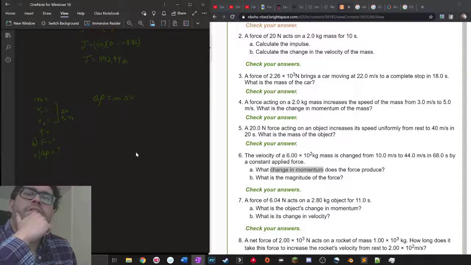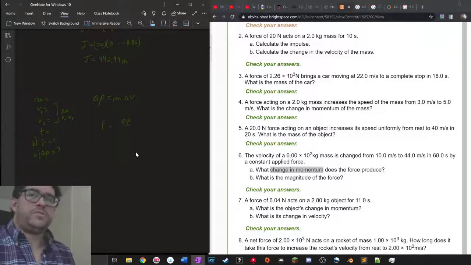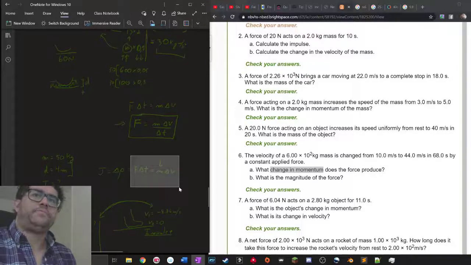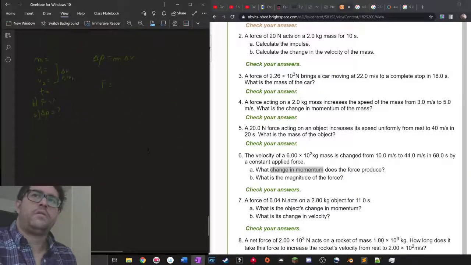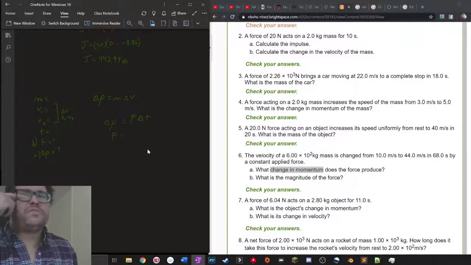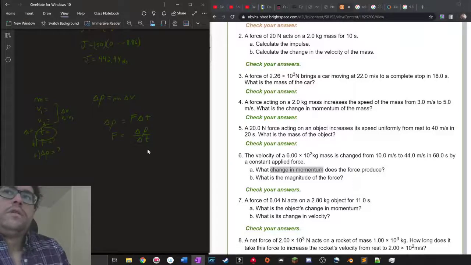Get delta P. F would be delta P over delta T. You could say this, which is the formula that we have here, or you can say delta P is F delta T. And so F is delta P over delta T. You have the time, delta T is T, and delta P was found.